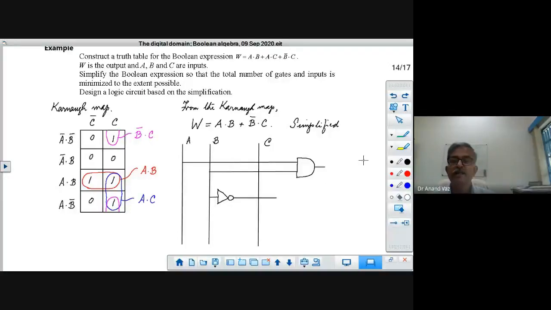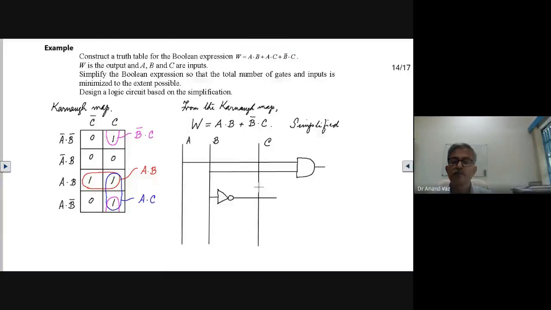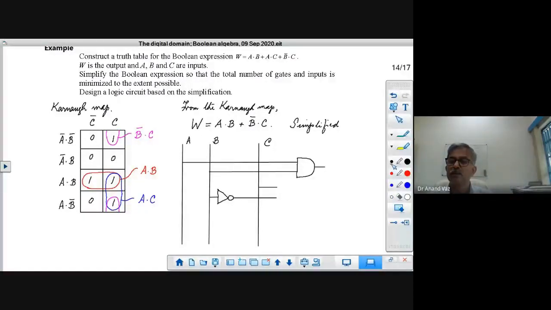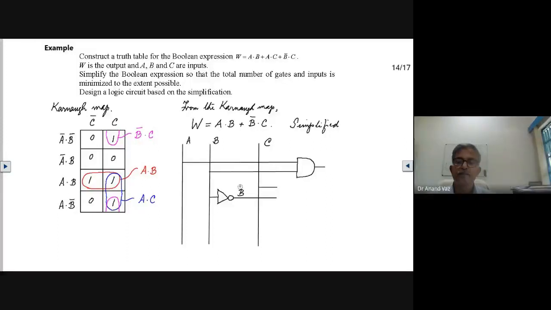So we need another AND gate. No, we need just an OR gate. Sorry, not B. This is not B, and here we have C. So we need one more input. We need another AND gate. So this is not B, and this is C, and this AND gate here.